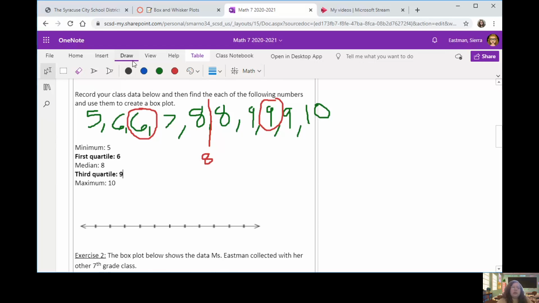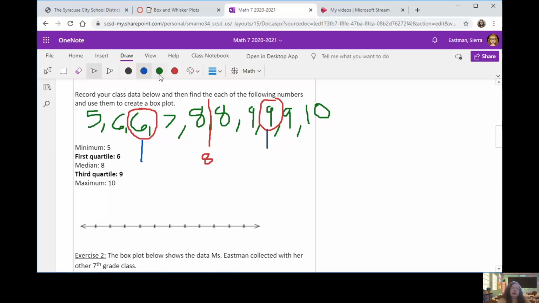And so basically what we just did is split this data into 4 pieces. We split it at 6, middle piece, another middle piece, and we split it again. So we have 4 pieces now. Those 4 pieces are going to help us make our box plot.